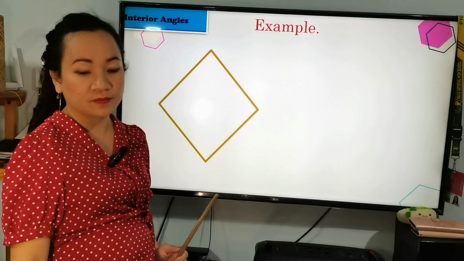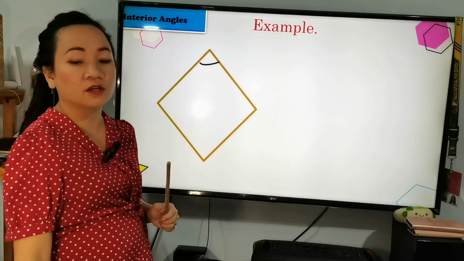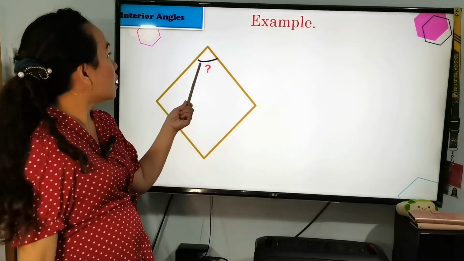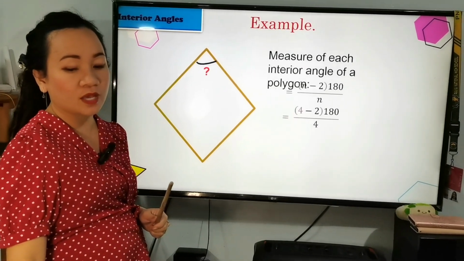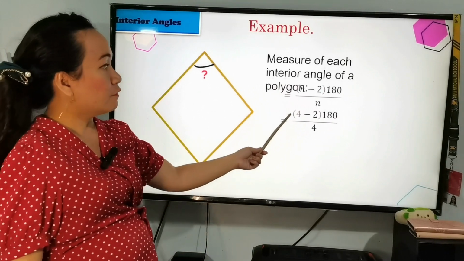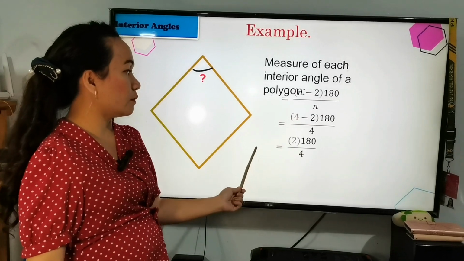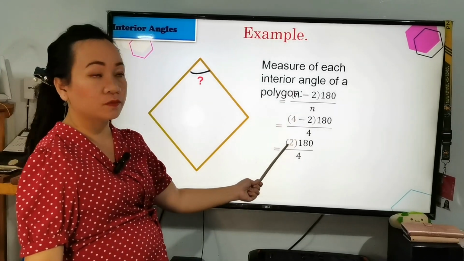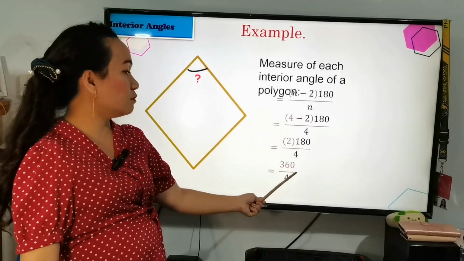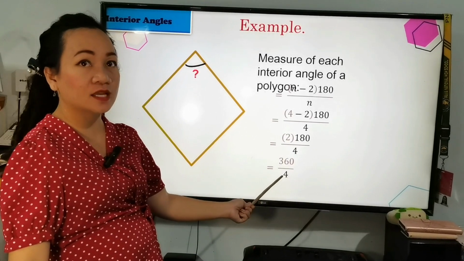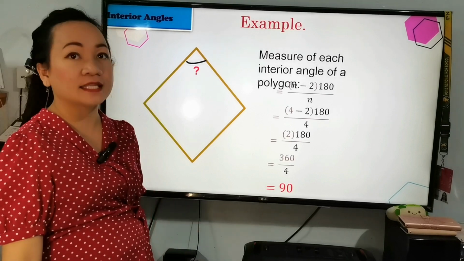Next, how about if you are going to get each angle of our rhombus? So again, we have the formula, just substitute. 4 minus 2 times 180 degrees divided by 4. So 4 minus 2, we have 2. 2 times 180 degrees is 360, then divided by 4 because we have 4 sides, that is our n. 360 divided by 4, we have 90 degrees.